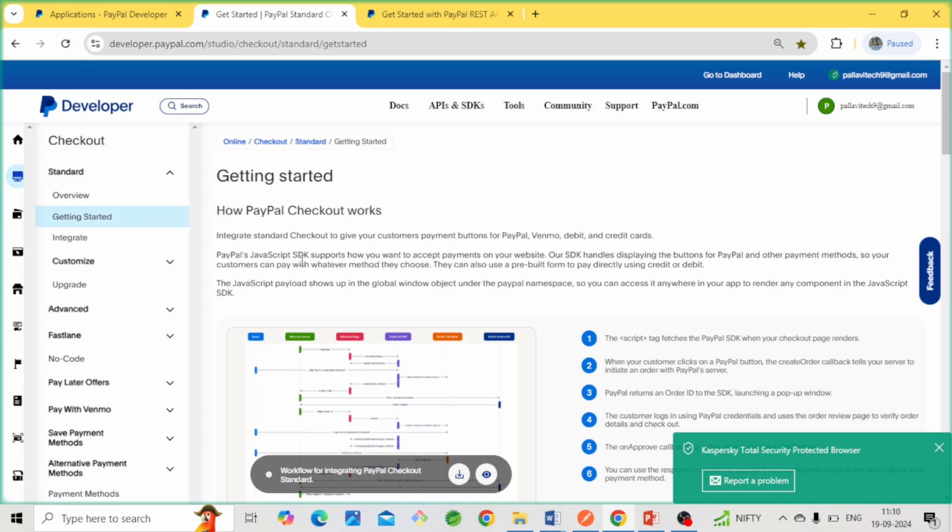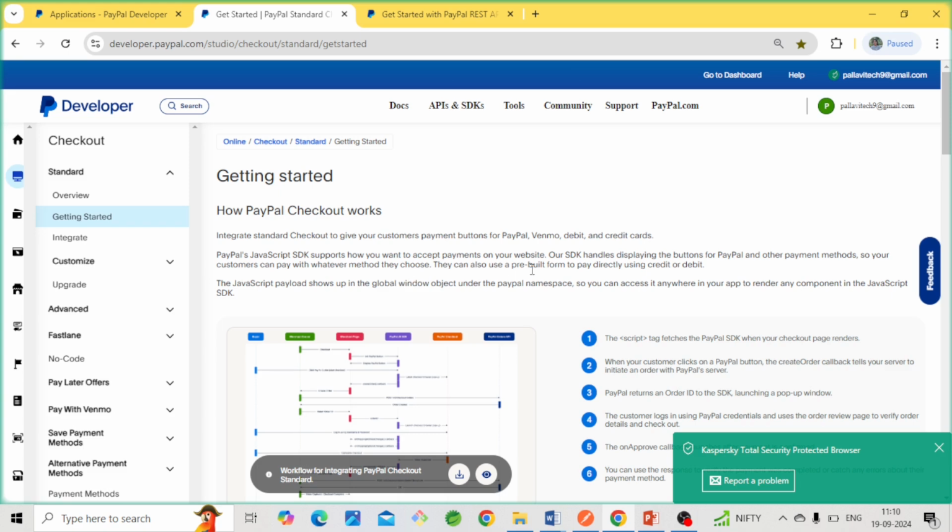The PayPal JavaScript SDK supports how you want to accept payment on your website. The PayPal SDK handles displaying buttons on the front page for PayPal and other payment methods, so your customers can pay with whatever method they choose.